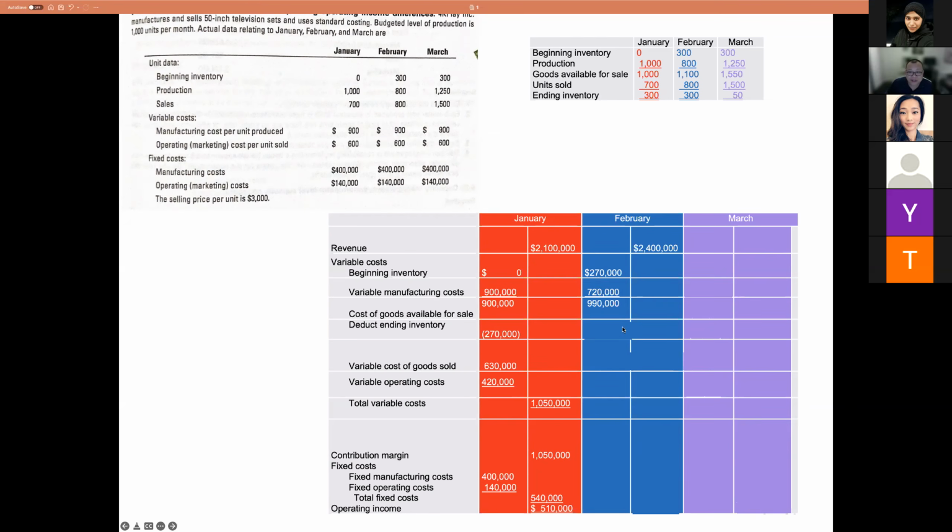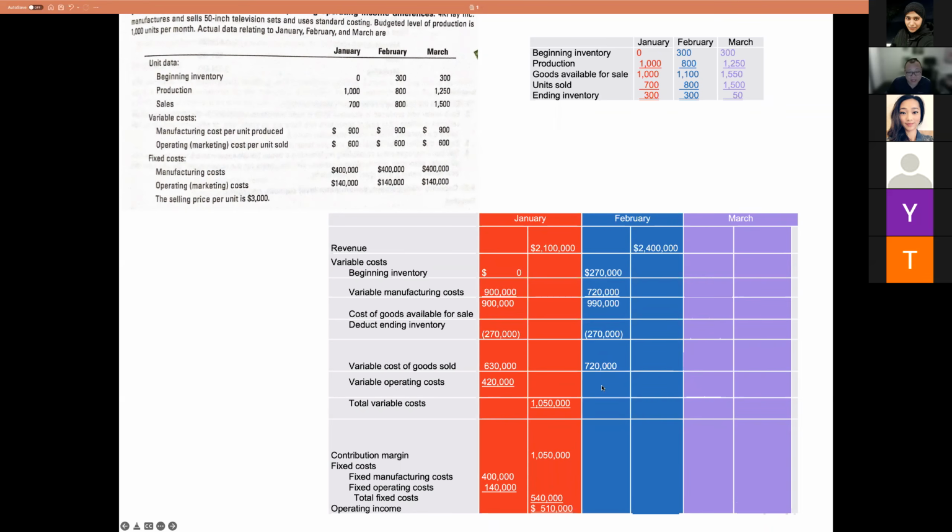What's in the ending inventory? 300 units. And what's the cost in the ending inventory? 270,000 again. Then the difference is the variable cost of goods sold, which is 720,000.